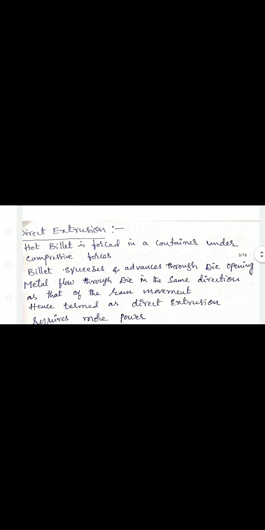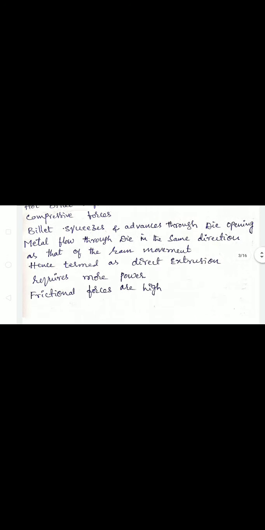First we'll take up the direct extrusion process. The figure illustrates the direct extrusion process, and the principle is schematically represented in the figure. In this process, a hot metal billet is placed in a container of the press, and compressive forces are applied on the metal billet by a hydraulically driven ram.